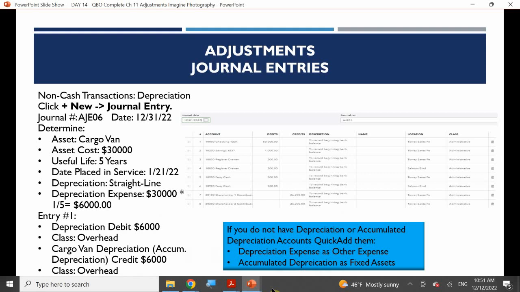We purchased the truck, the cargo van, okay? Because I used the cargo van, okay, for a certain amount of time, right?